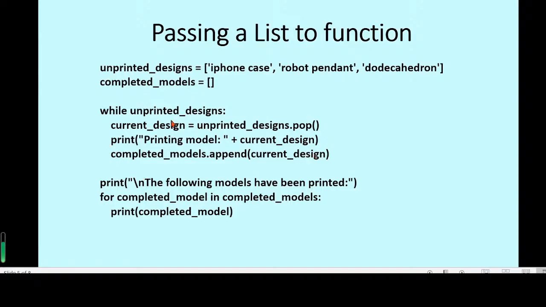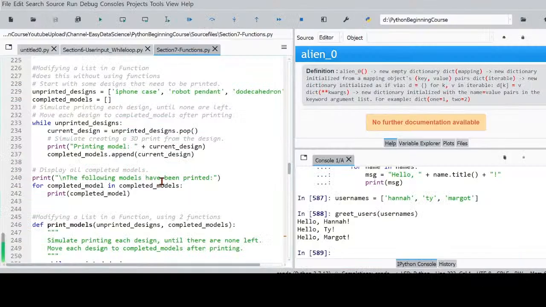So the while loop runs until unprinted designs is empty, because we pop it out until empty. Then the while loop is finished and all items have been moved from unprinted designs to completed models. So next we can print out this information for each completed model in the completed models list.